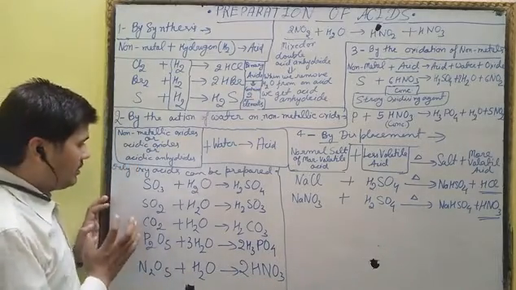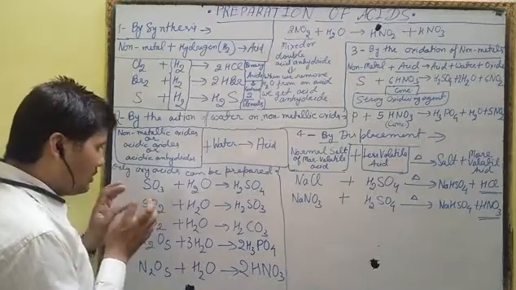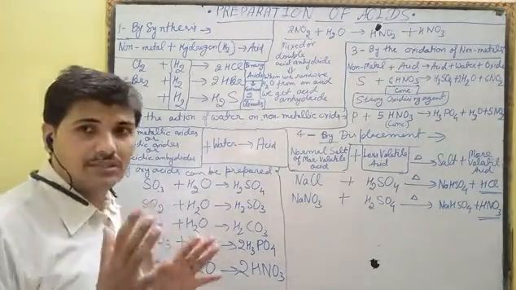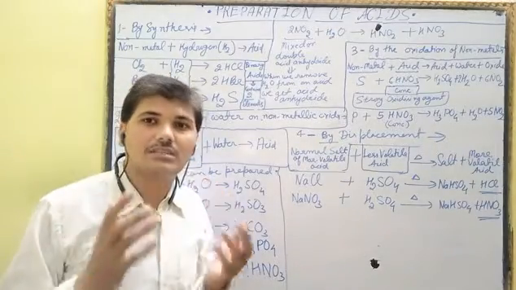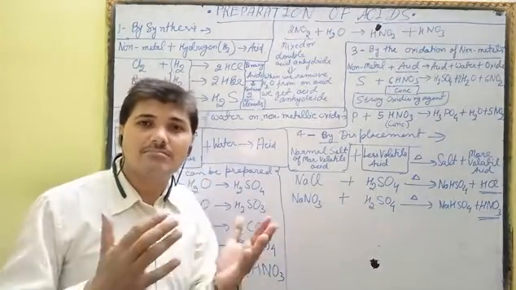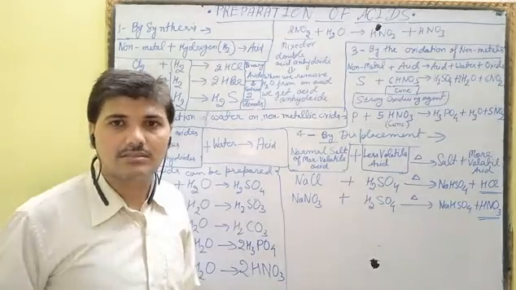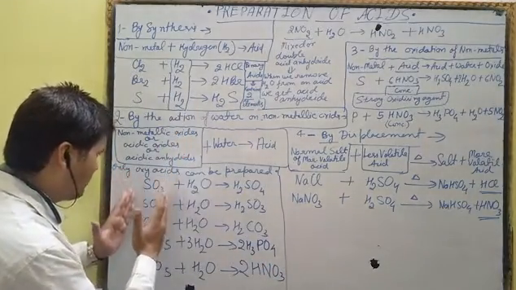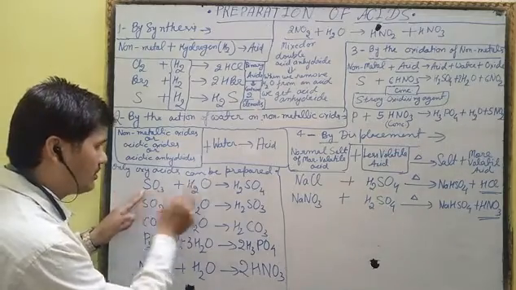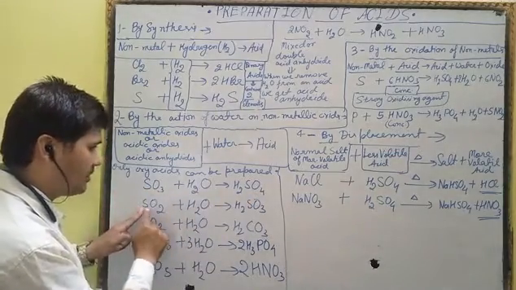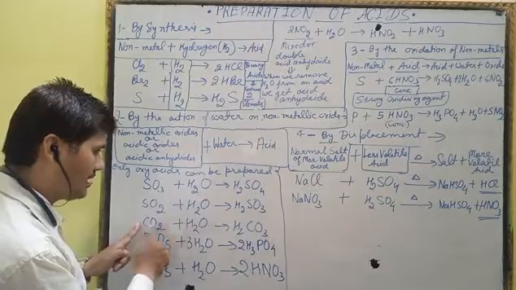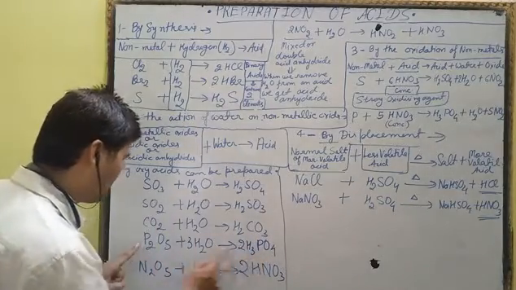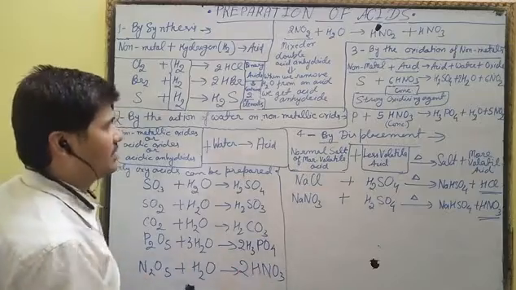So you got it, and use tricks to learn the reactions, because chemistry can be a boring subject. So we use different tricks to remember the reactions. From sulfur to sulfuric acid, from sulfur to sulfurous acid, from carbon to carbonic acid, from phosphorus to phosphoric acid, from nitrogen to nitric acid.